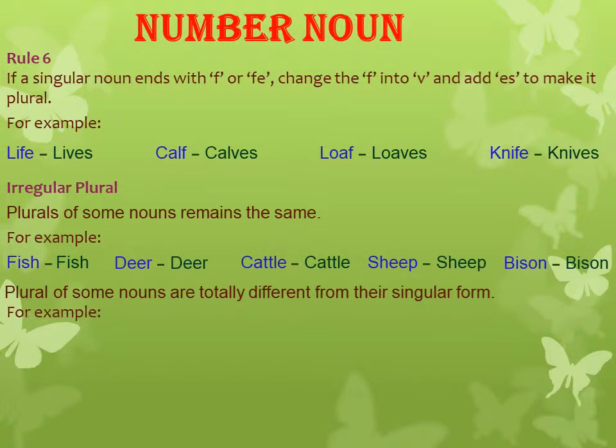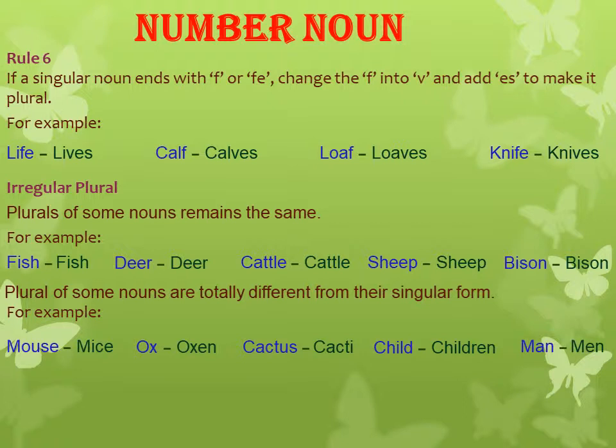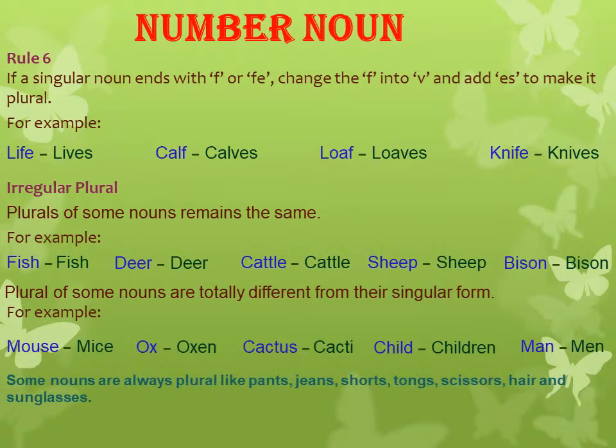For example, mouse, mice, ox, oxen, cactus, cacti, child, children, man, men. Some nouns are always plural like pants, jeans, shorts, tongs, scissors, hair and sunglasses.